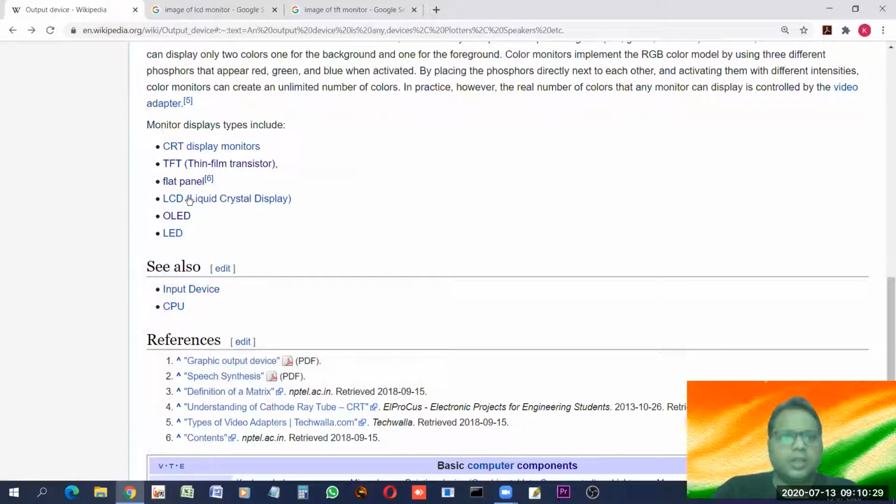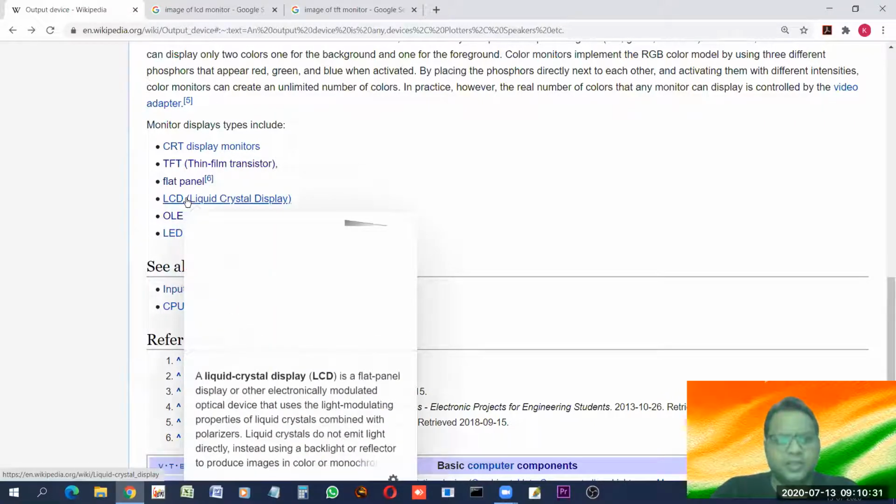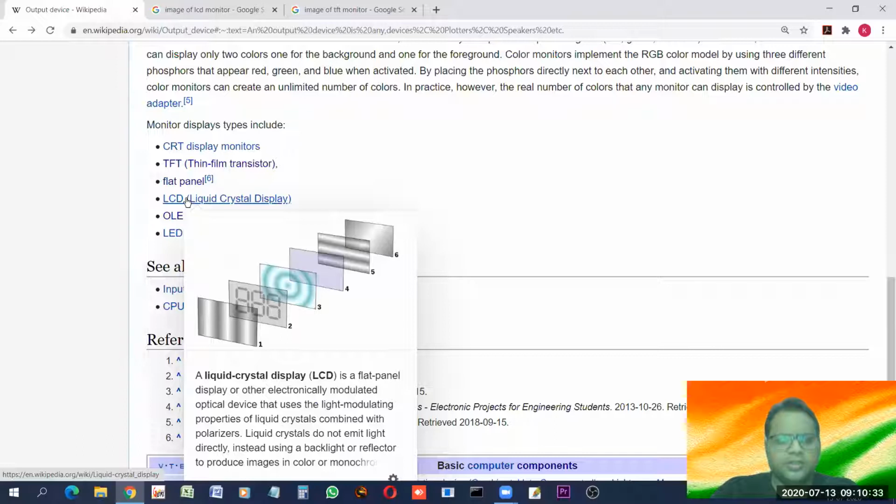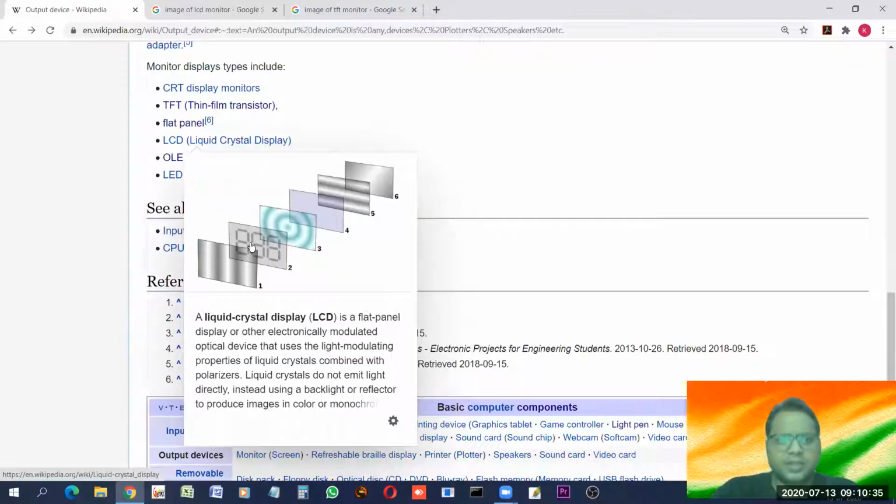Okay. Now liquid crystal display. Now this image may tell you something. This kind of image you might be watching in the display devices in calculators or watches. A liquid crystal display is a flat panel display or other electronically modulated optical device that uses light modulating properties of liquid crystal combined with polarizers.